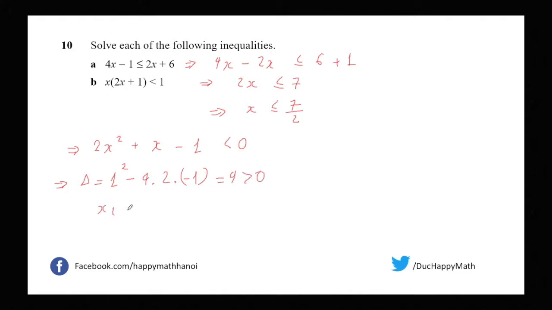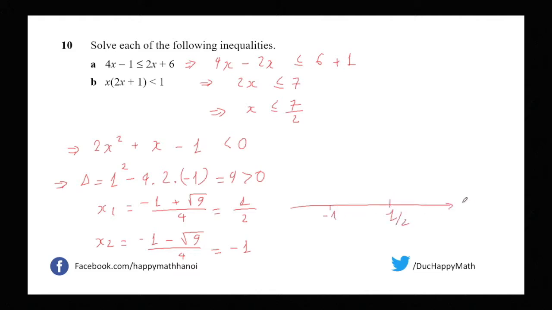So h1 will be equal to minus 1 plus the square root of 9, divided by 4, which is 1 over 2. And h2 is minus 1 minus the square root of 9, over 4, which is minus 1. So the value of h minus 1 over 2 is here, less than 0.